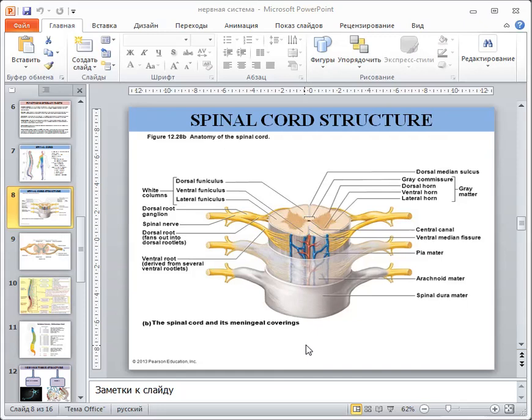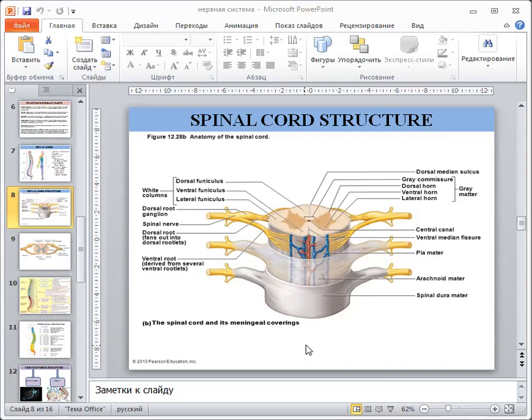Long centripetal fibers go to the brain; they are named sensory or afferent fibers. Long centrifugal fibers come from the brain to the spinal cord; they are named motor or efferent fibers.